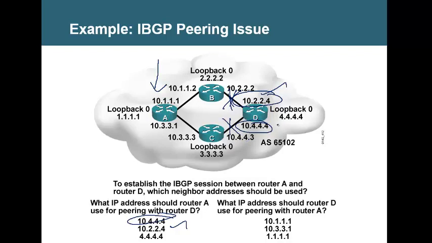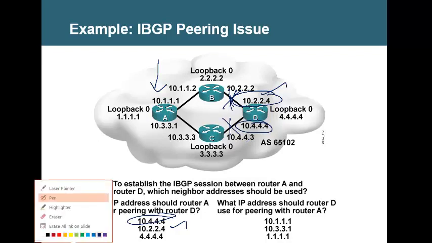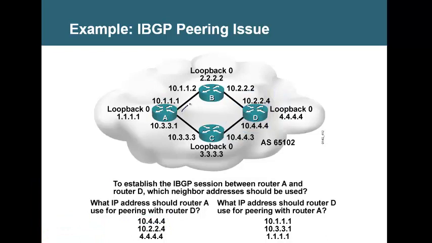So what is the best way to form a neighbor when we have a redundant path? What will be the best address to form the neighbor? Loopback. When you go to router A and form a neighbor with router D using router D's loopback address, likewise router D will use 1.1.1.1 to form the neighbor with A. There's a big advantage.